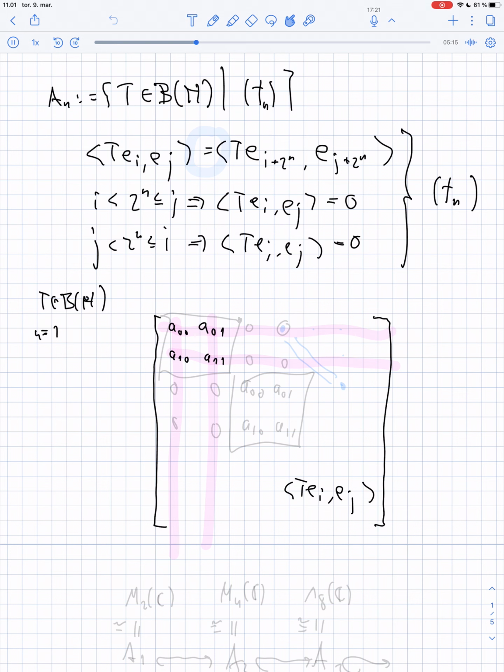Then you can see that the whole matrix is going to be determined by these values here, because of the first rule, which I will highlight in blue. This rule says that if I take any entry, for instance this one here, that's going to be the same if I take the first value and increase it by 2, and the second value and increase it by 2.